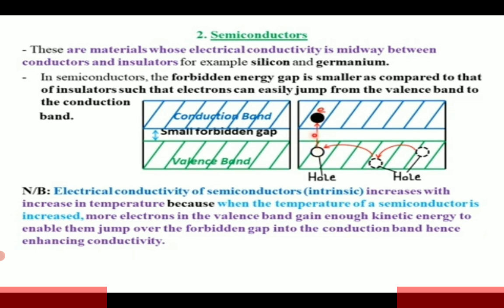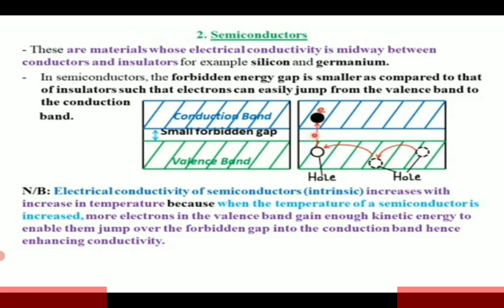Remember that for any material to conduct electricity, there should always be electrons in the conduction band. In the absence of electrons in the conduction band, such a material is considered to be an insulator.